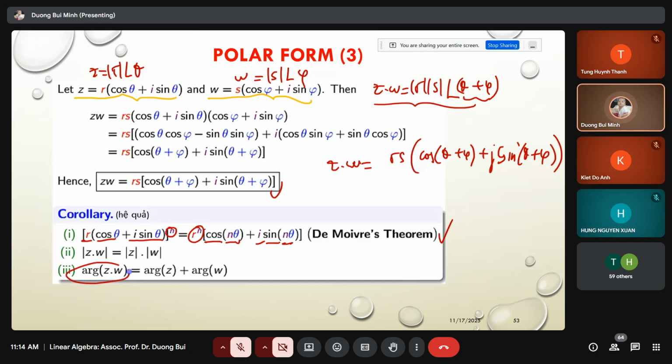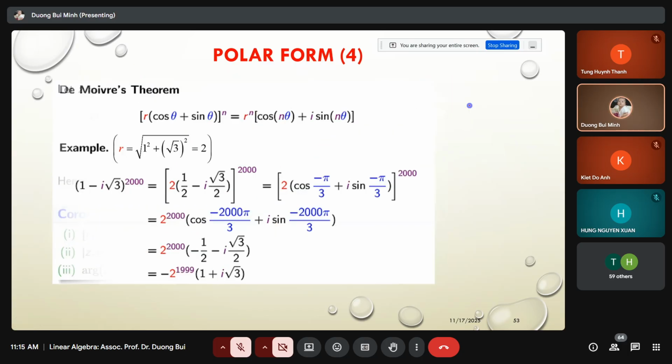So the argument of z times omega is the argument of z plus the argument of omega. The argument of z is theta and the argument of omega is phi, so you get theta plus phi. Now, an example.